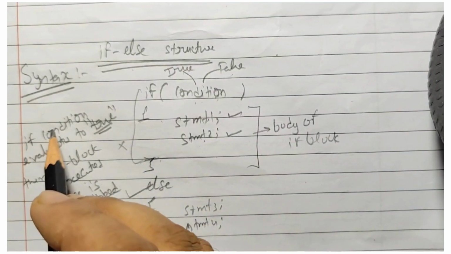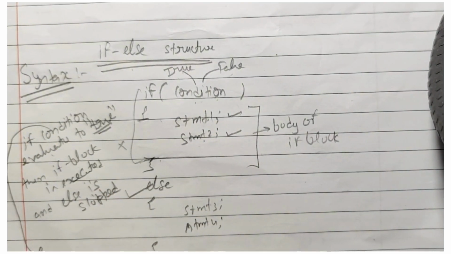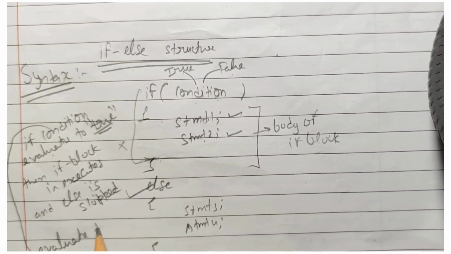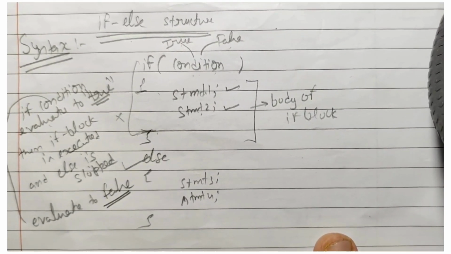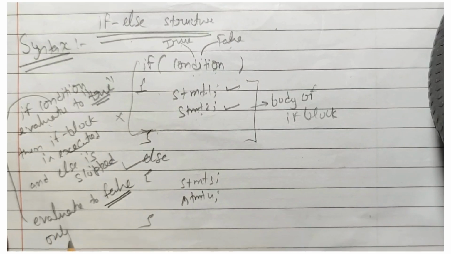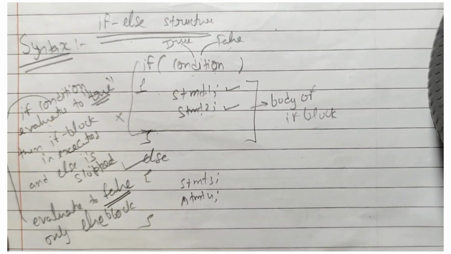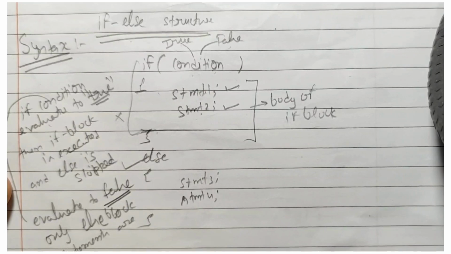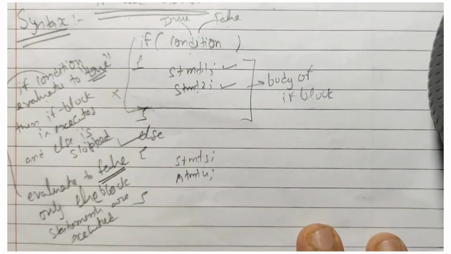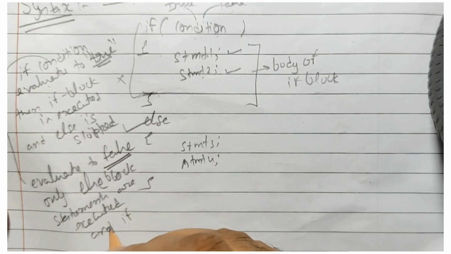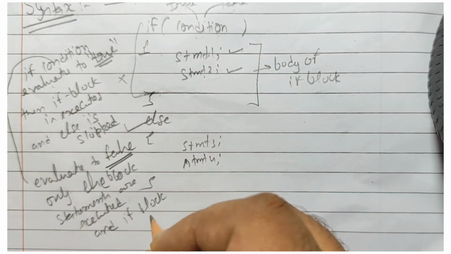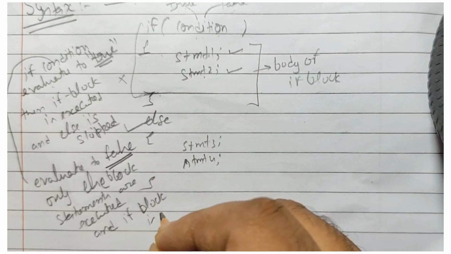Getting my point? And now if this condition evaluates to false, what do we do in that case? Only the else block statements are executed, and the if block is skipped.